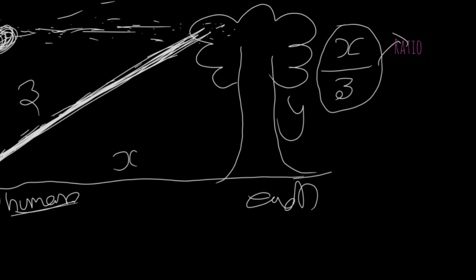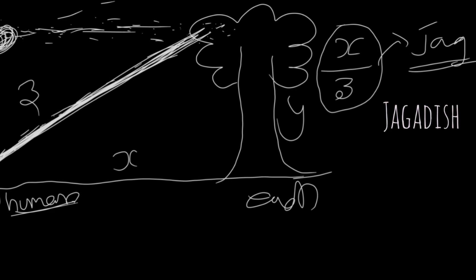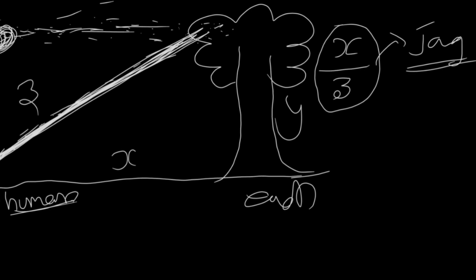I'll name this ratio jug, because it came from my name Jagadish, it's my nickname. Next we can make some 6 ratios with these 3 variables. The next ratio is y by z, and I'll name this ratio cat.